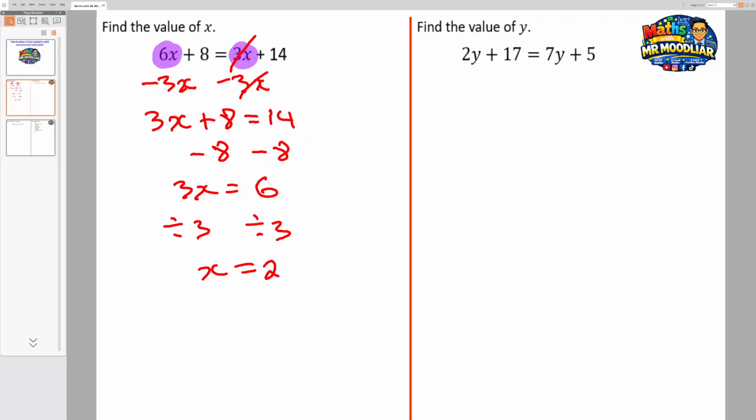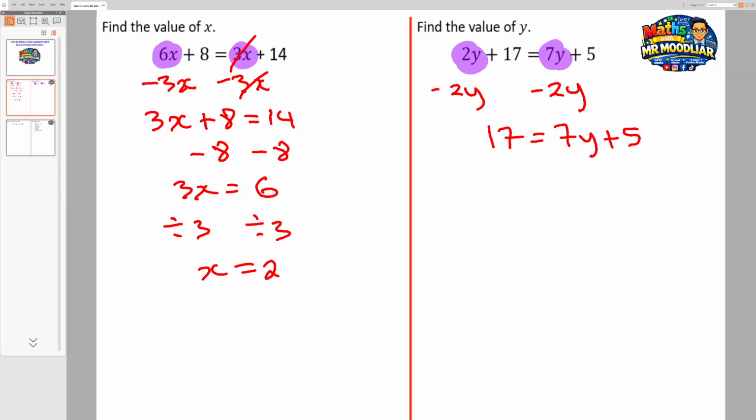On the left-hand side, we have 2y, and on the right-hand side, we have 7y. So my first step is to subtract the smallest value, the value of y, which is take away 2y from both sides. So we take away 2y, take away 2y, and then from there I have 17 is equal to 7y plus 5.